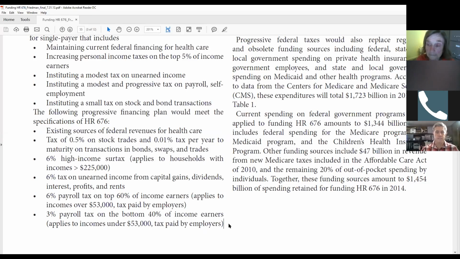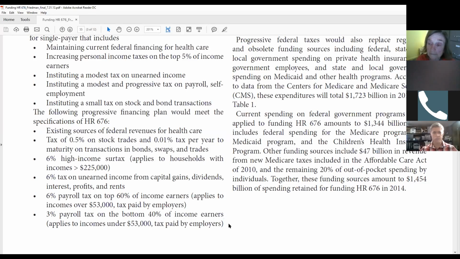So that's a 6% tax that's applied to the tax that is levied on that individual. So it's take the income tax that they pay, apply a 6% tax on that income tax, and that would be the high income surtax.